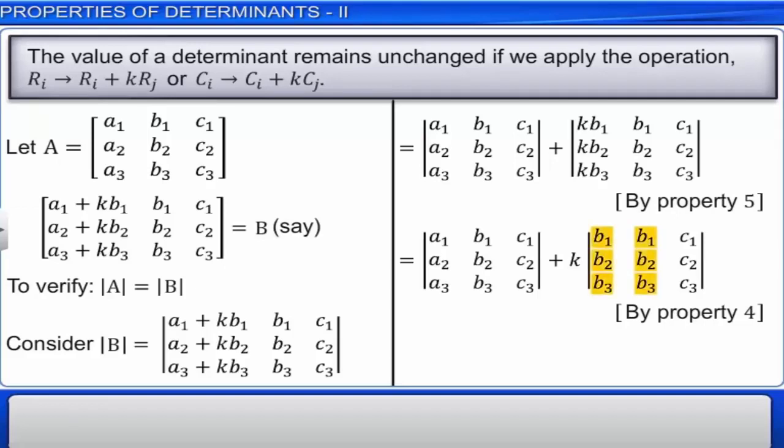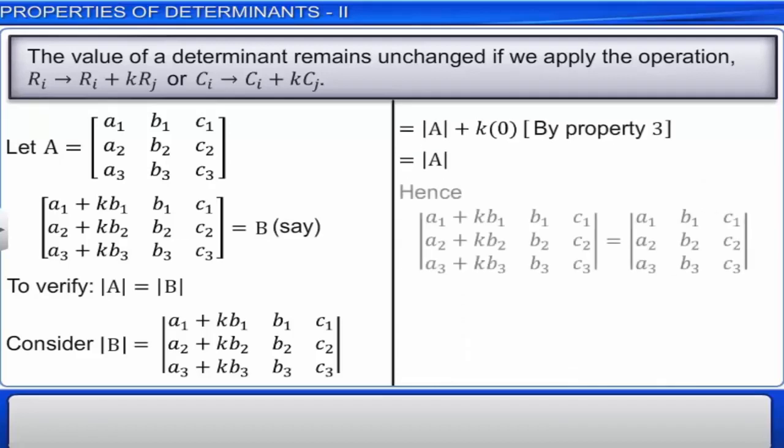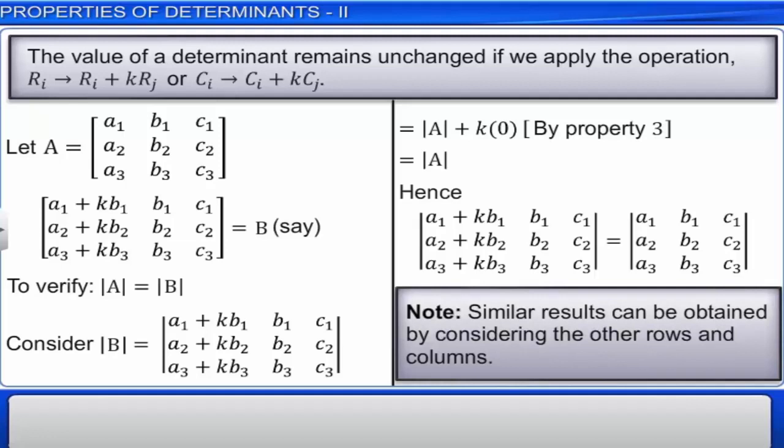By property 3, we know that if two rows or columns of a determinant are identical, then its value is equal to 0. Thus, we have determinant B is equal to determinant A, and hence the result. Note that similar results can be obtained by considering the other rows and columns.